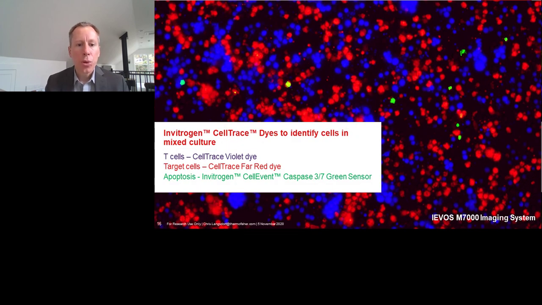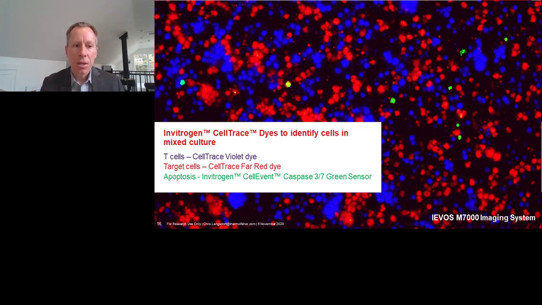However, if we were to pre-label both our T cells and, in this case, our target leukemia cells with different colors of cell tracing dyes, and then mix them together, we can now see that our T cells show up as blue and our cancer cells show up as red.